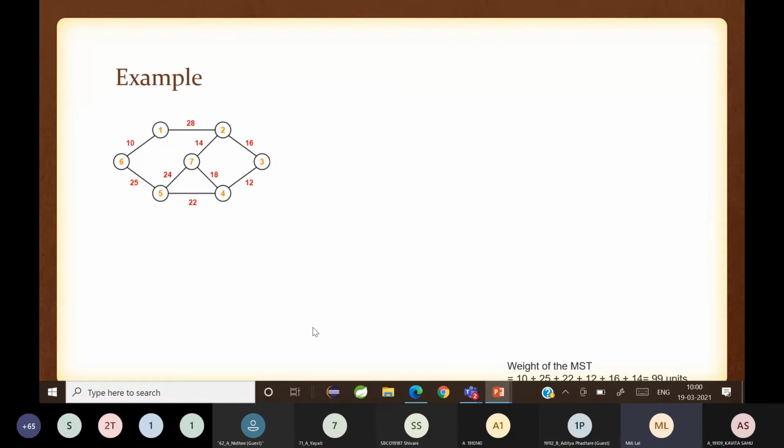Okay, so the first thing you're going to do is, without edges, you only draw the vertices, like this. Got it? We are not drawing edges, we first draw all the vertices. Then, as I said, we sort the edges. After sorting, we select the lowest weight edge first. So which is the lowest weight edge here?